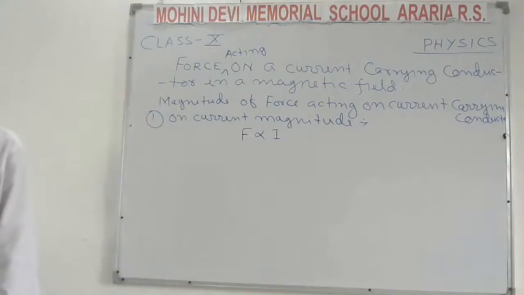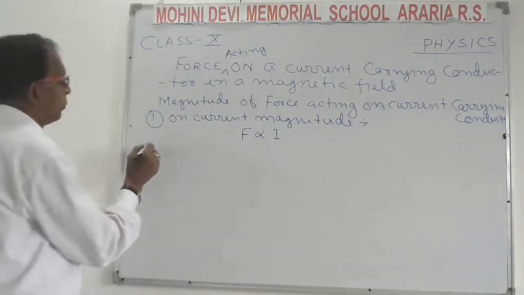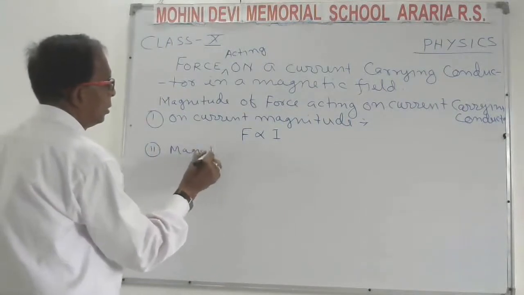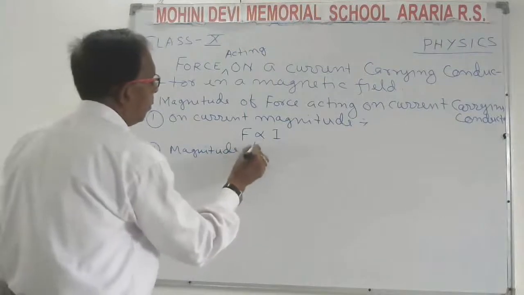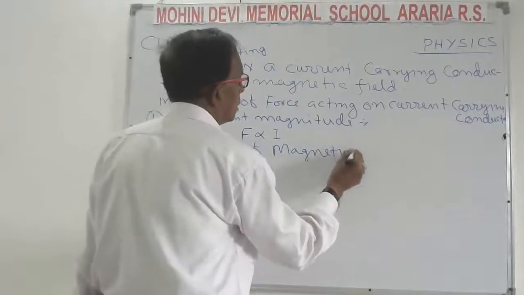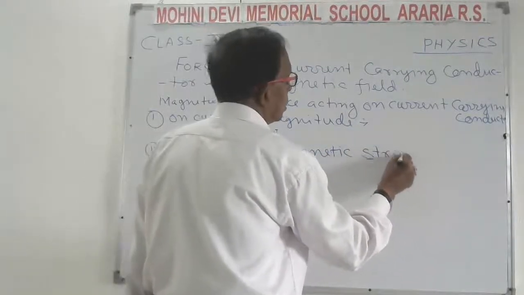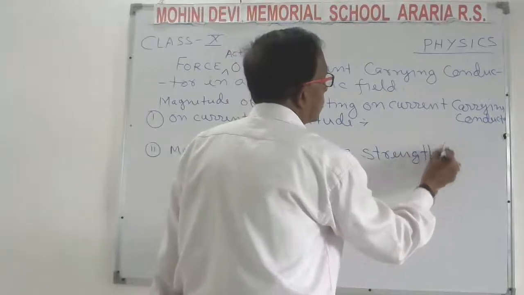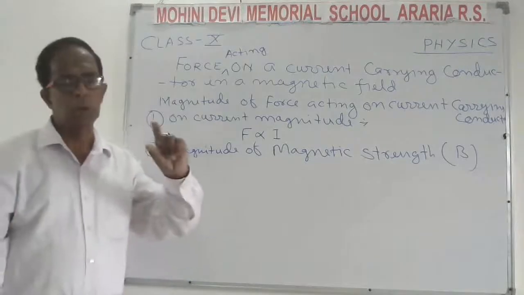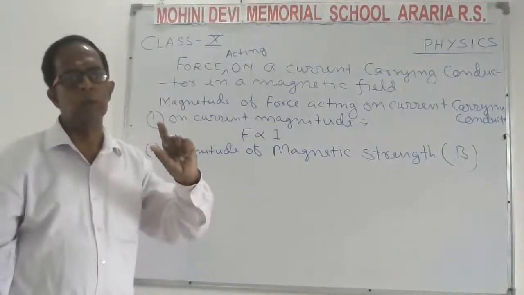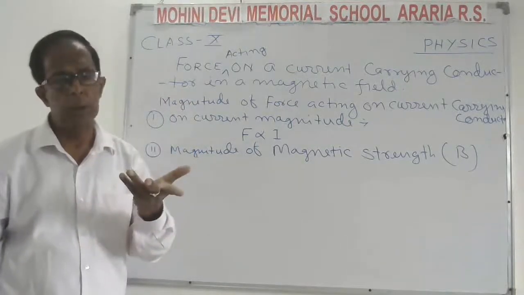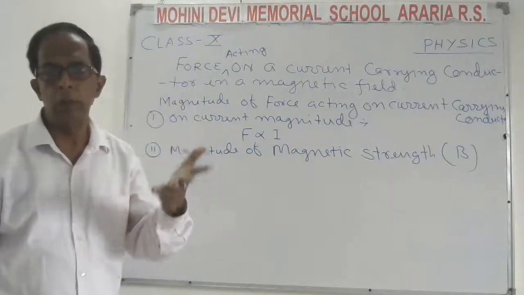Okay, my students, next, magnitude of magnetic strength, that is B. If the magnet is strong, it means the magnetic field is strong, it means the magnetic strength is strong, and then a stronger force acts on a current carrying conductor.